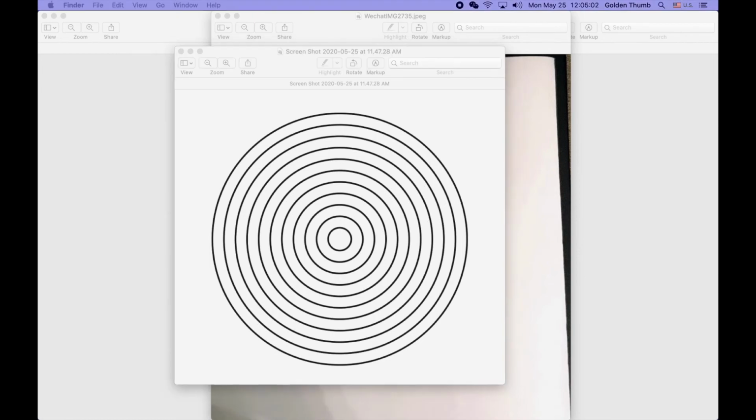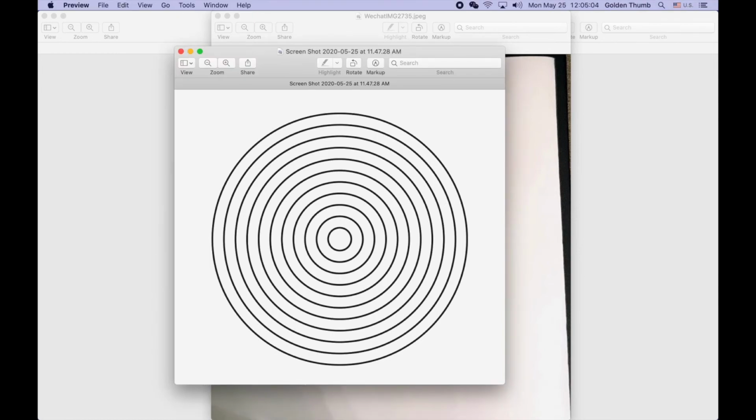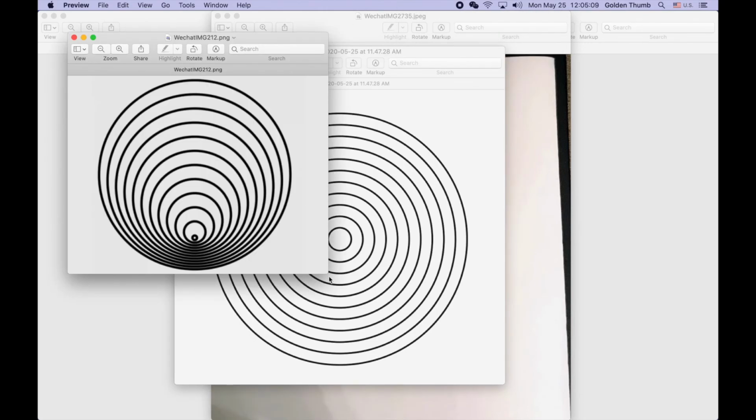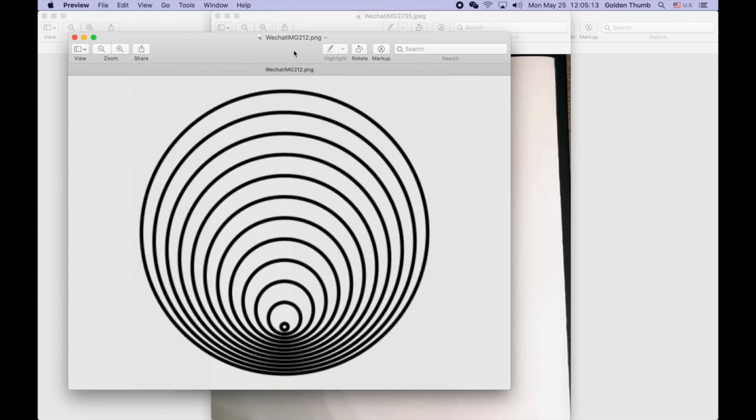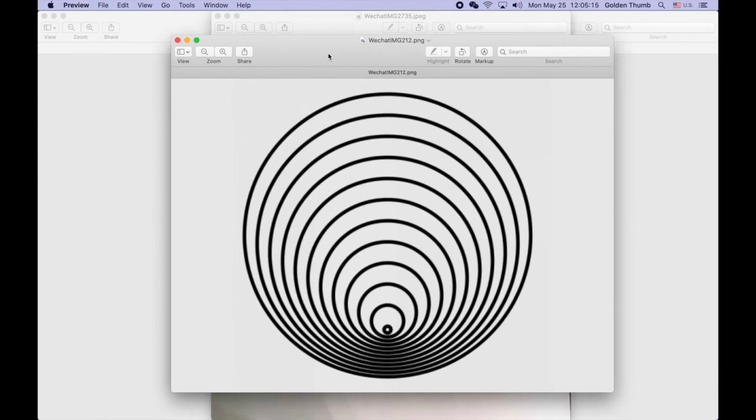Or another thing here is also fun. Oh, cool. It's like an artwork. So there's a pattern here you can find.